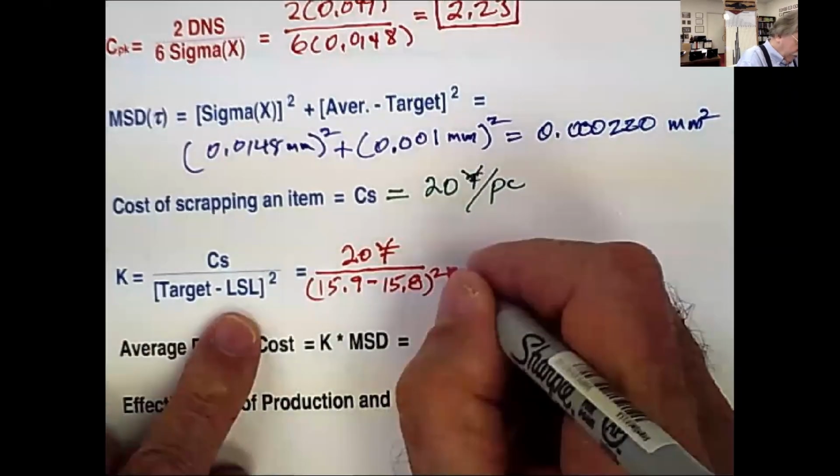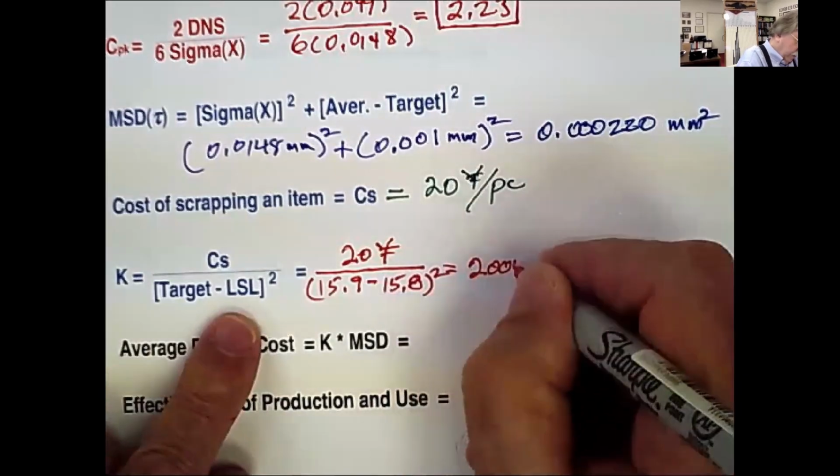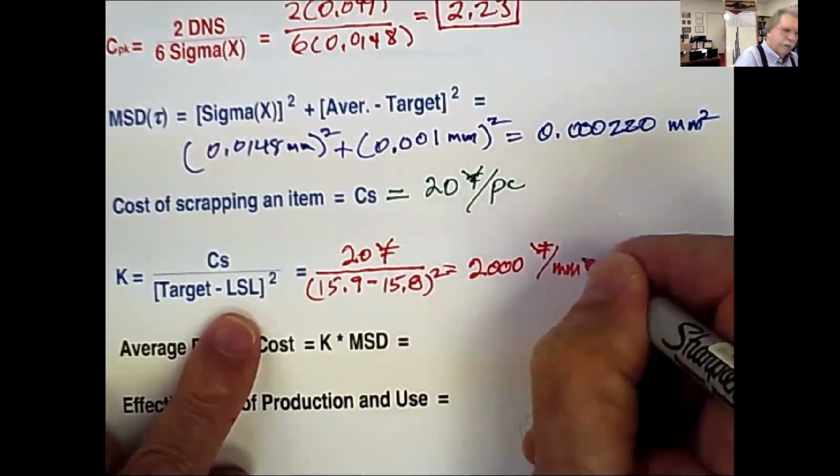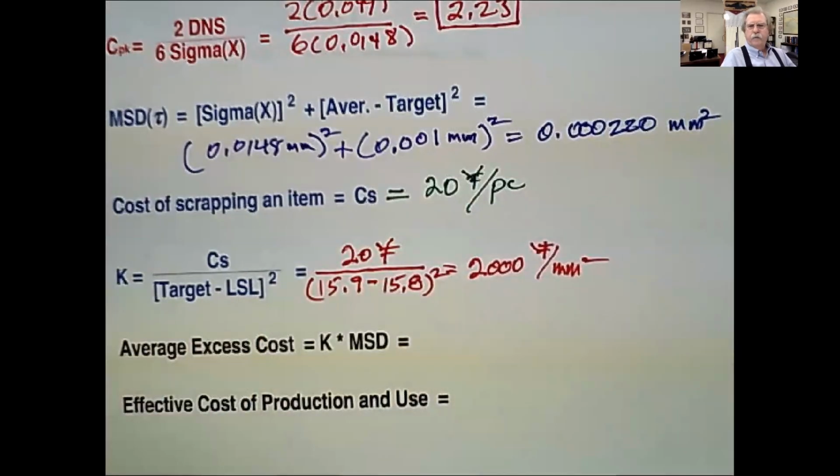And that is 2,000 yen per millimeter squared.